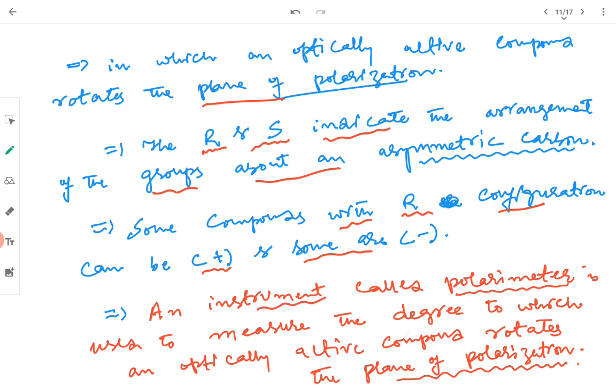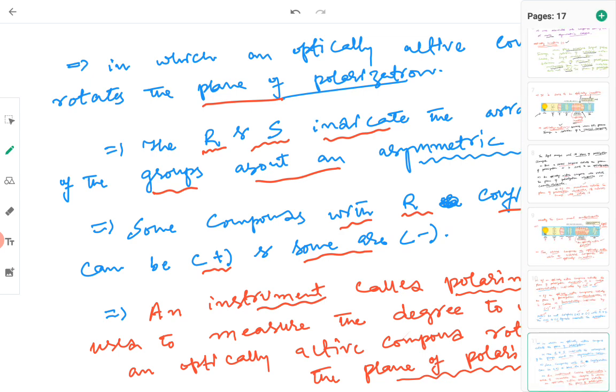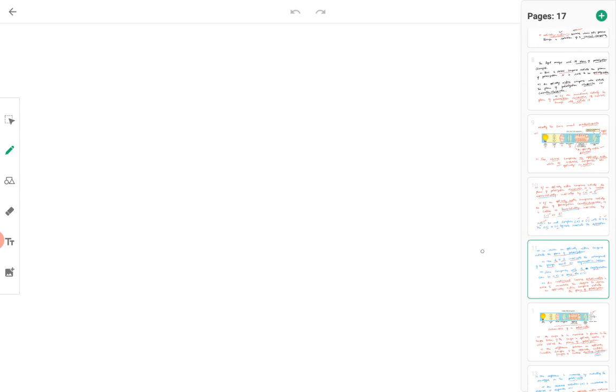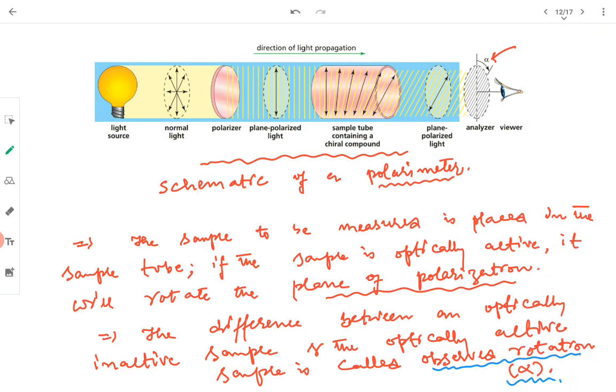An instrument called the polarimeter is used to measure the degree to which an optically active compound rotates the plane of polarization. And this is a schematic diagram of a polarimeter. You have a source of normal light, right? You have a polarizer here, which gives the plane polarized light.